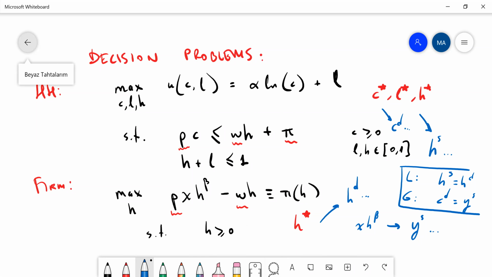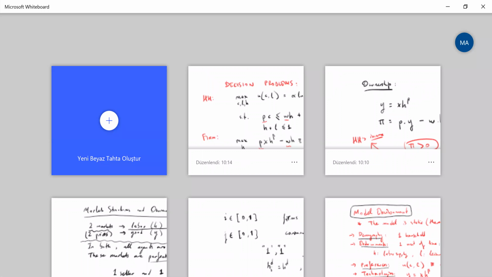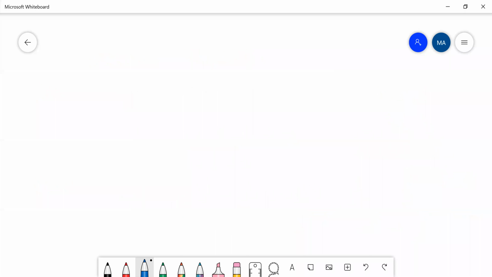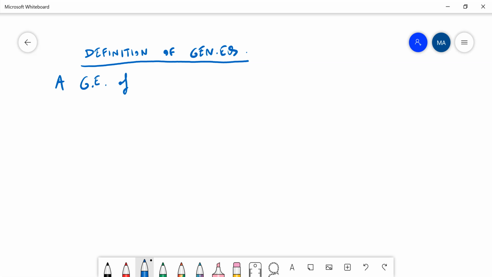So if I want to define the equilibrium, I'm going to do that. A general equilibrium of this economy is a set of allocations.